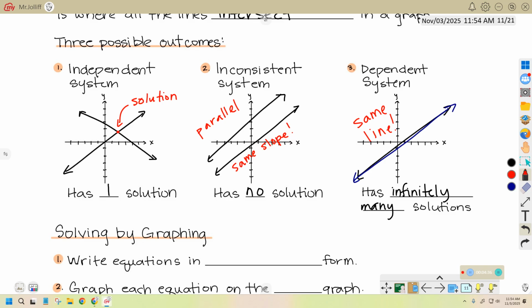So a system that has infinitely many solutions, those equations are the same equation written in different forms or off by a single constant, like I've multiplied everything by 2, which divides out.